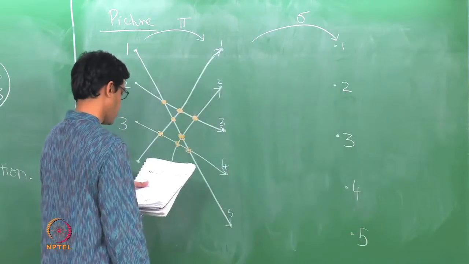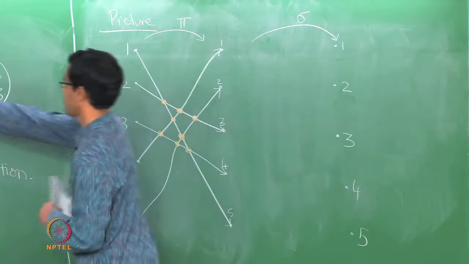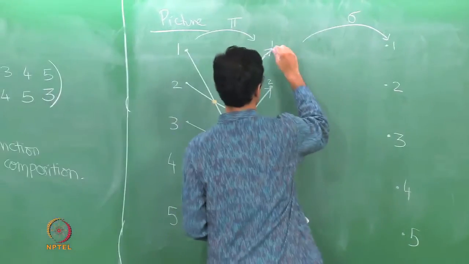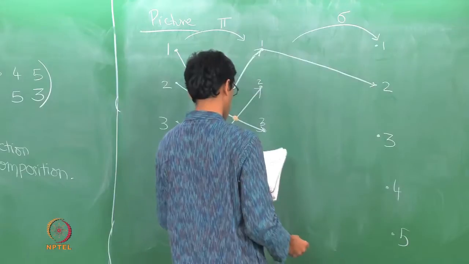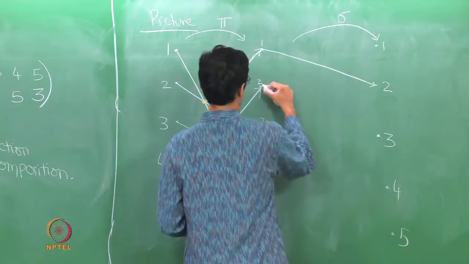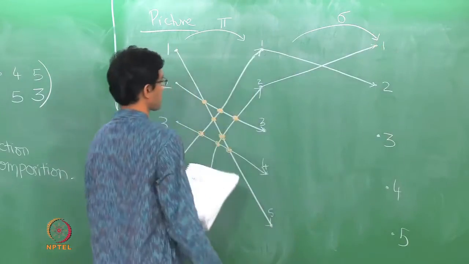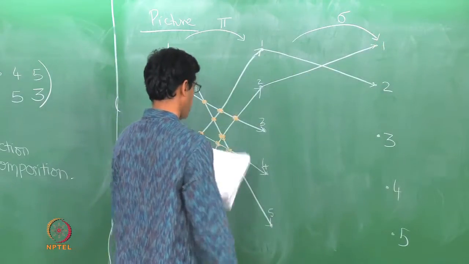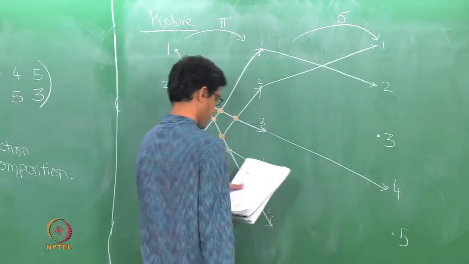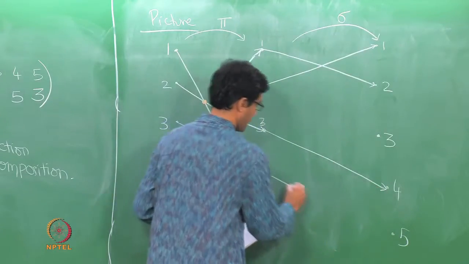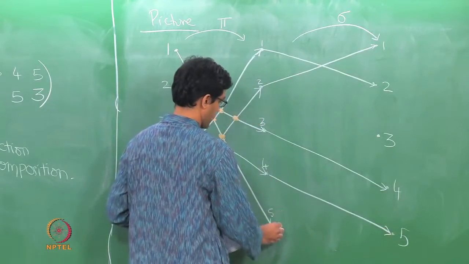So what does sigma do to the number 1? Well, it maps it to the number 2, right? That is according to this. So 1 maps to 2. What does sigma do to the number 2? Well, it maps it to the number 1. So I draw this diagram. 3 maps to 4. 4 maps to 5. And 5 maps to 3.